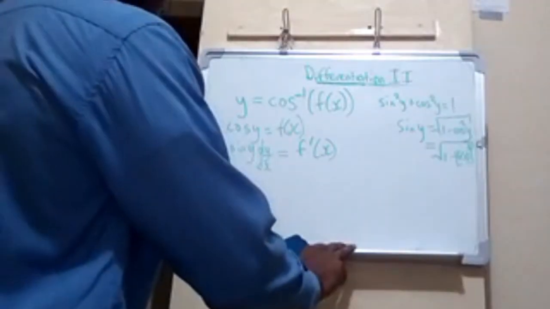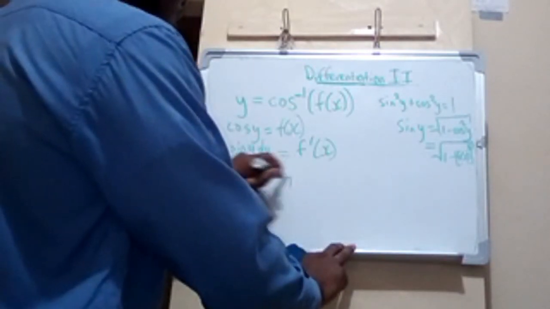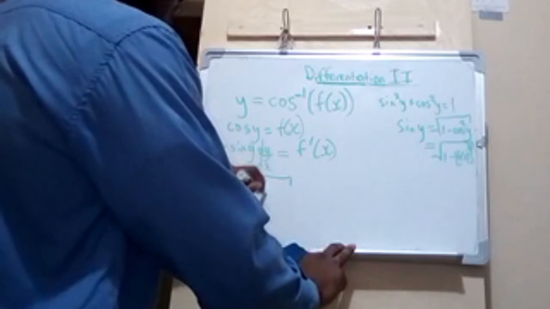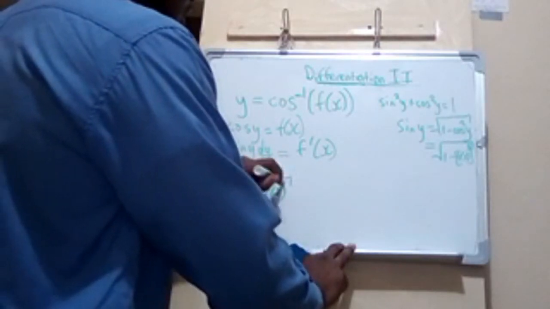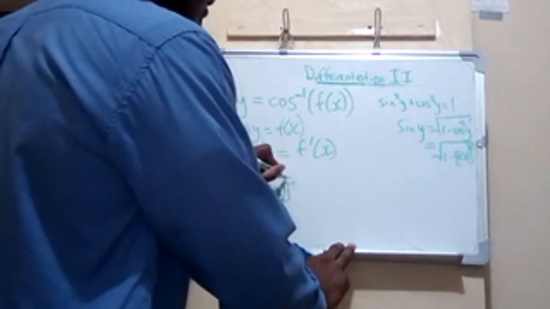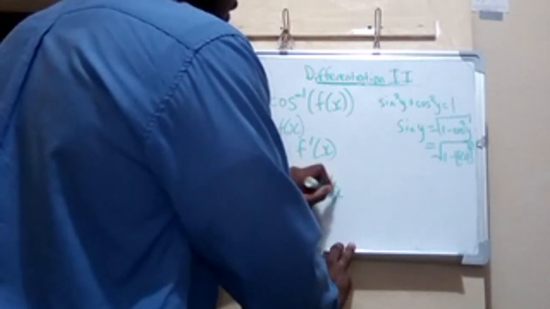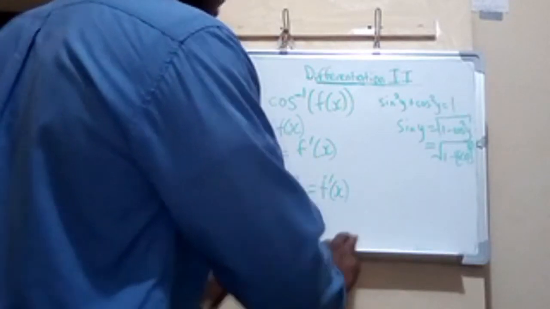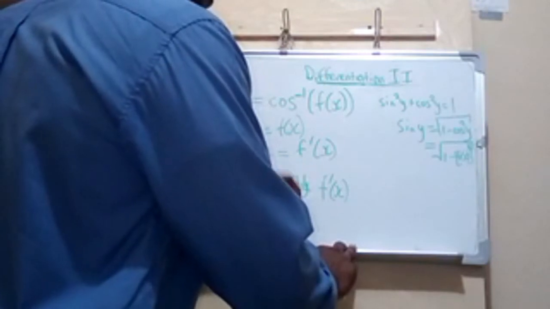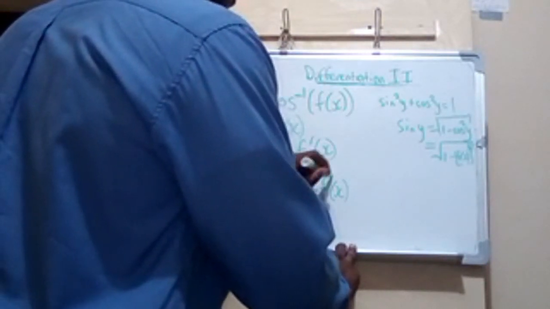And so this part becomes minus sine y, which is the square root of 1 minus f of x all squared, and that's equal to f prime of x. And I left off the dy by dx right here: dy by dx, that's equal to f prime of x.